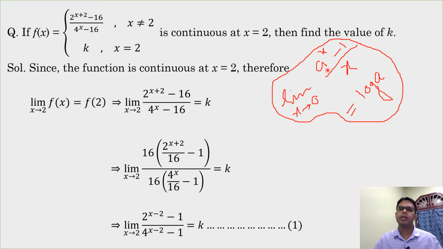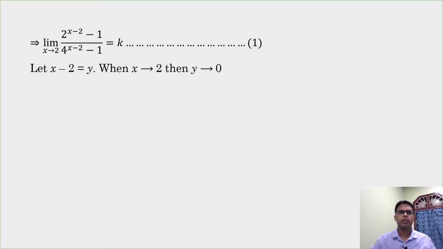Now our formula is a to the power x, and this x should be tending to 0, but here the limit is tending to 2, and it is not x, it is x minus 2. So we take x minus 2 as one substitution, say y.